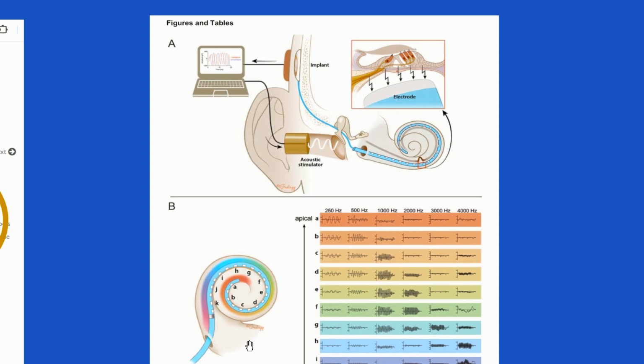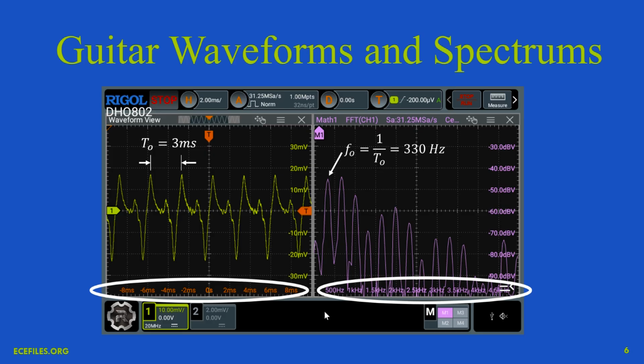So as the time domain waveform moves the fluid along this path, different positions along the path respond to different frequencies. And all the different nerves along the path transmit their information to the brain. So the brain gets a mapping of frequency to which nerve cell is activated. It's essentially getting a parallel readout of frequencies and amplitudes, just like the FFT gives us.